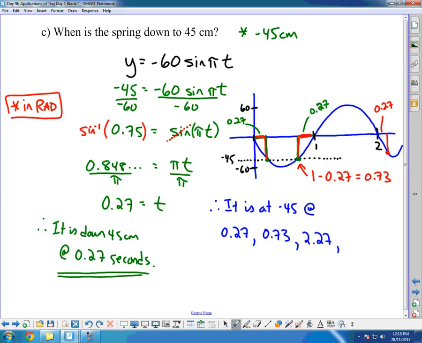And the next one would be 2.73, and so forth. And the next ones would be 4.27 and 4.73. So if I were to ask you when is the spring down 45 centimeters, or at -45, I'd have to be a little bit more specific. I'd have to say, when's the first time, or tell me the first 2 times that it's there. And that'll be appropriate for the questions we're going to do today.